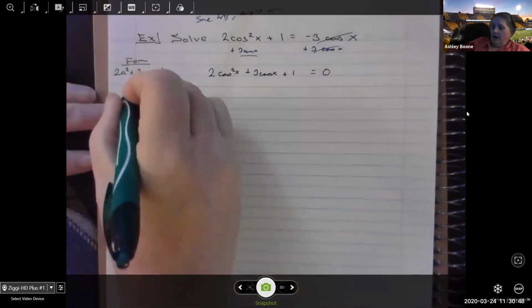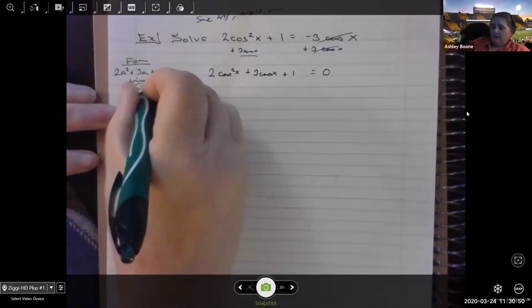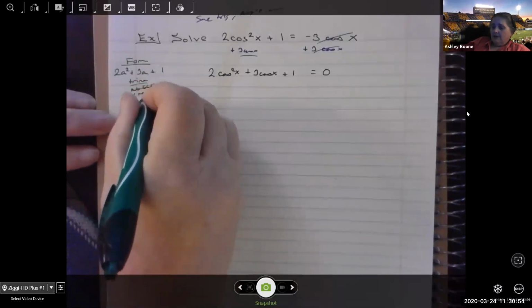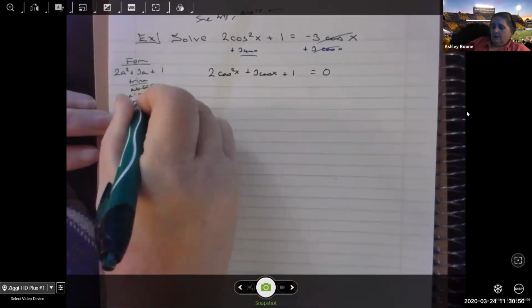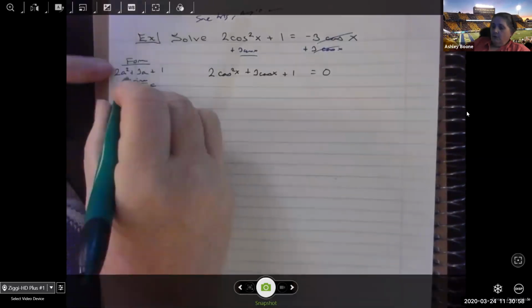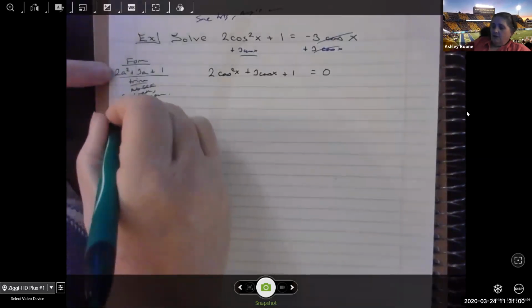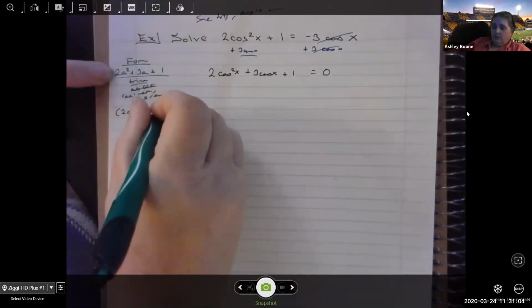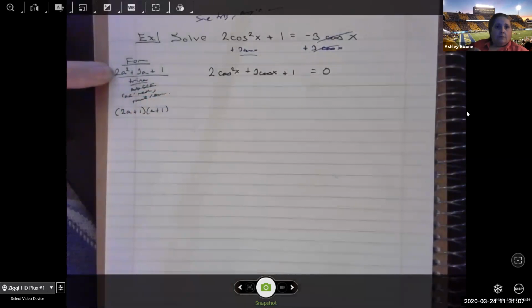There's no greatest common factor that we can bring out. So try either the AC method of factoring or trial and error. But at any rate, if you were to factor this, you'd get 2a plus 1 times a plus 1. That's the factored form.